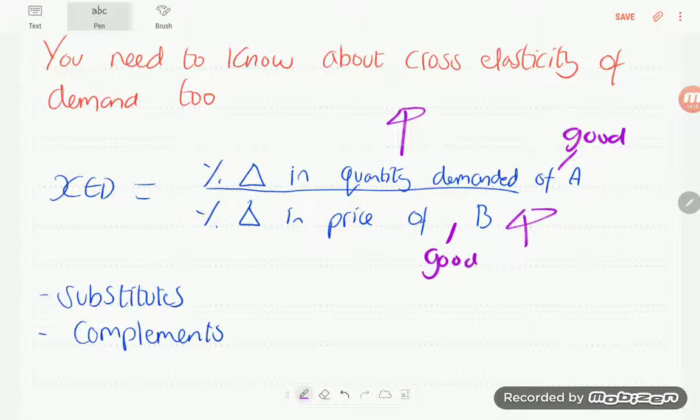So imagine toy cars and teddy bears are substitutes. If the price of toy cars rose, toy cars being good B in this case, by 40%, the quantity demanded of teddy bears would then increase by 20% because people would stop buying toy cars and instead buy teddy bears. So I'll just note that down.